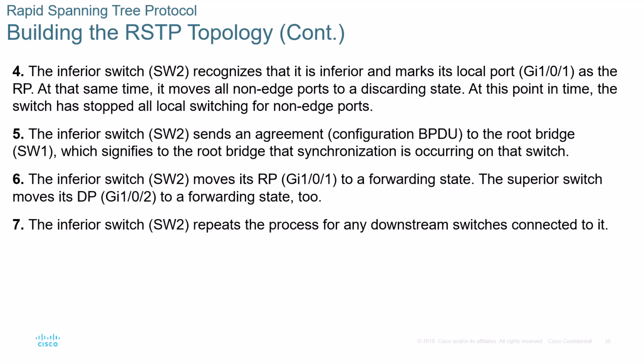The inferior switch will send an agreement configuration BPDU to the root bridge, which signifies that synchronization has occurred. The inferior switch will move its RP to a forwarding state after the appropriate timer has expired. Then the superior switch will move its DP to a forwarding state too. The inferior switch will repeat the process for any downstream switches it's connected to, and so forth.